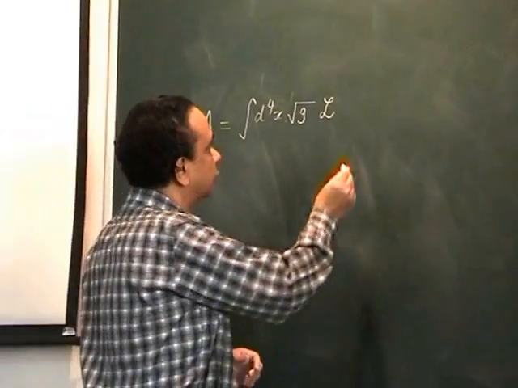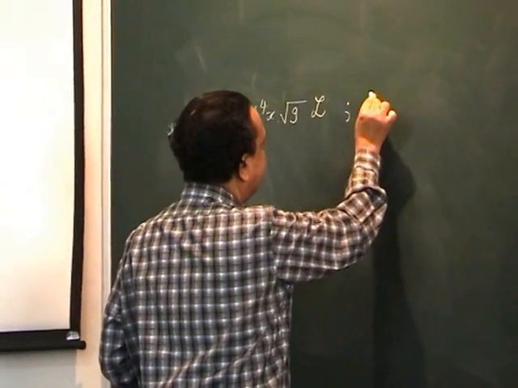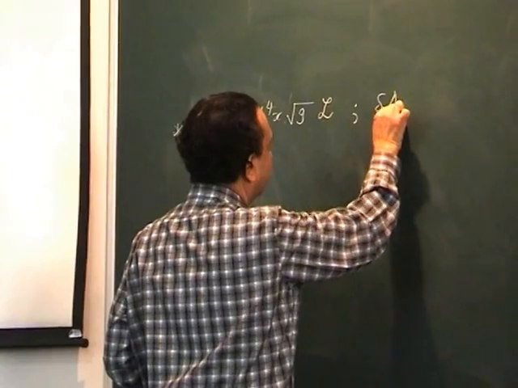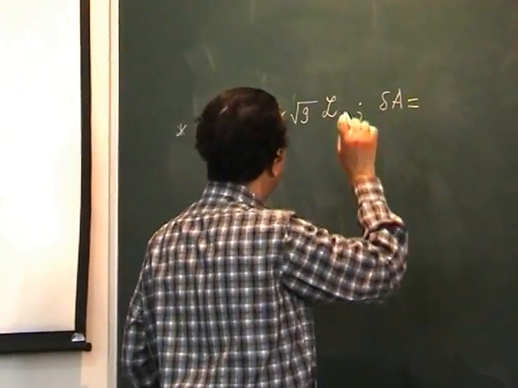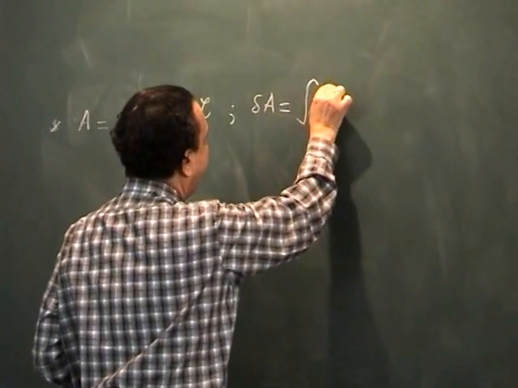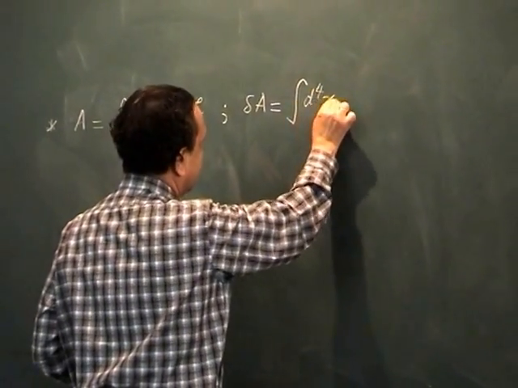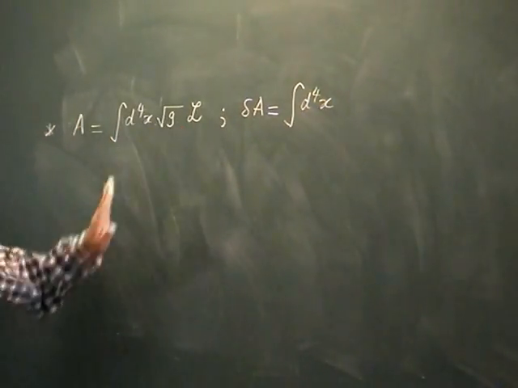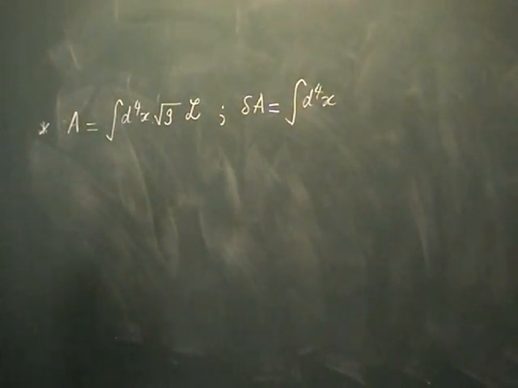Okay, so I get delta A to be equal to integral d4x, I keep L and vary root G. That is something which we have done.